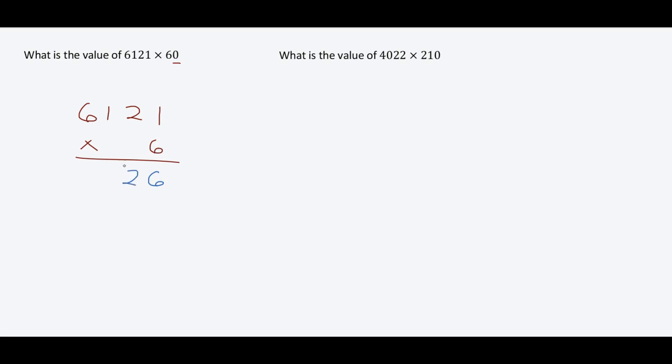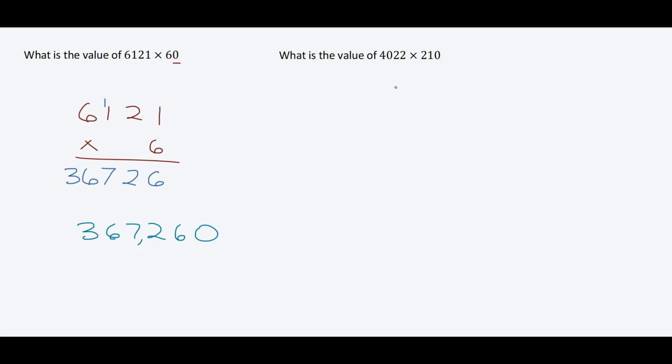So we're going to write 2 and carry 1. 1 multiplied by 6, we have 6, plus 1, we have 7. And then 6 multiplied by 6, we have 36. So we account for the 1 zero, so it's going to be 36726, and then we put a 0 at the end. We have a comma.